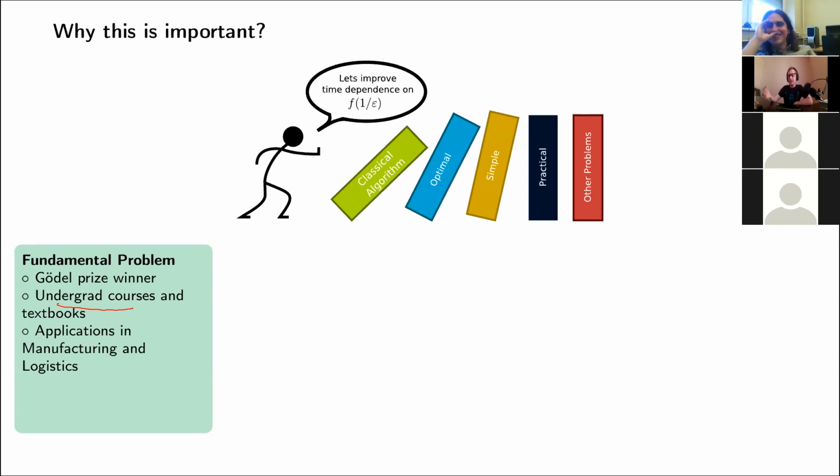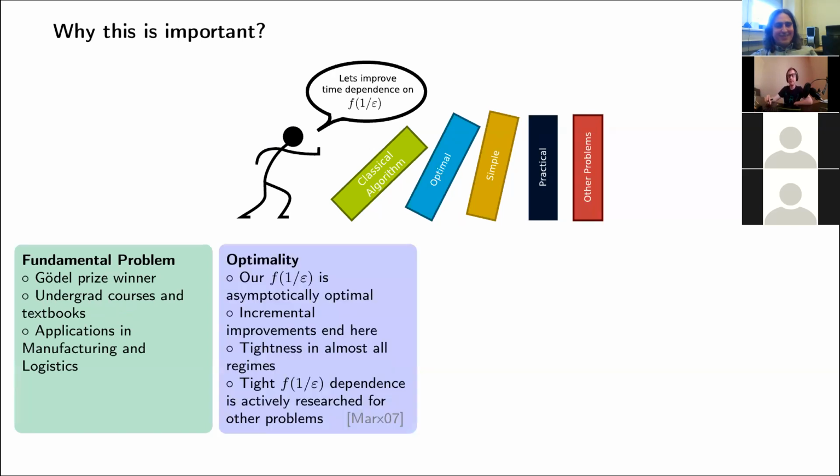So it's natural to think, well, what's the best algorithm that I can get, even if I want to have non-constant epsilon. The second argument is that it's optimal. So there will be no incremental improvements over what we have done. We complement our result with a conditional lower bound and show the tightness in almost all regimes.